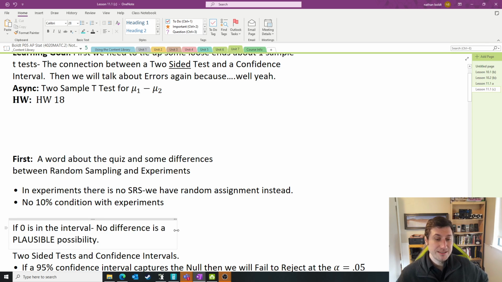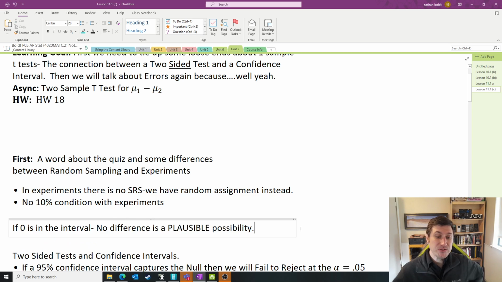A lot of us did get that, but I was seeing fairly often that a lot of us would imply that it was the only possibility. 0's in the interval, so there can't be any difference. They're exactly the same. We can't be that absolute about it. Only the Sith deal in absolutes, ladies and gentlemen. And you're not evil. Not yet, at least. You're too young.